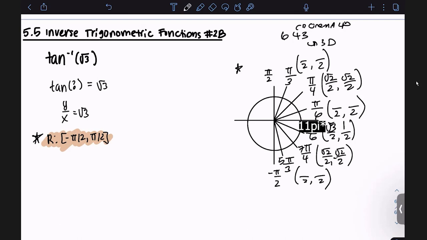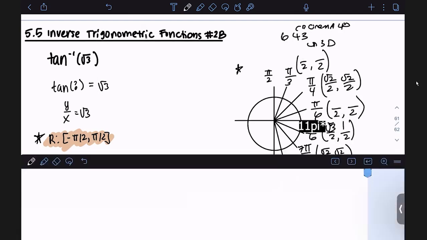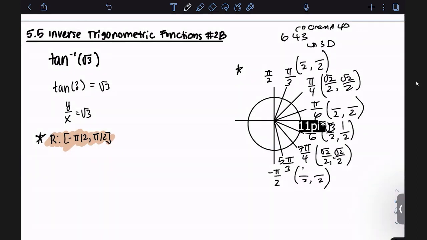There's never going to be a square root of 2 over 2 next to a square root of 3 over 2 or a square root of 2 over 2 next to a 1/2. These are always together and then the square root of 2's are always together, right? And so then this is just the opposite. And the way I know the order is I just like to think of 3, 2, 1, but again, I follow the arrows.